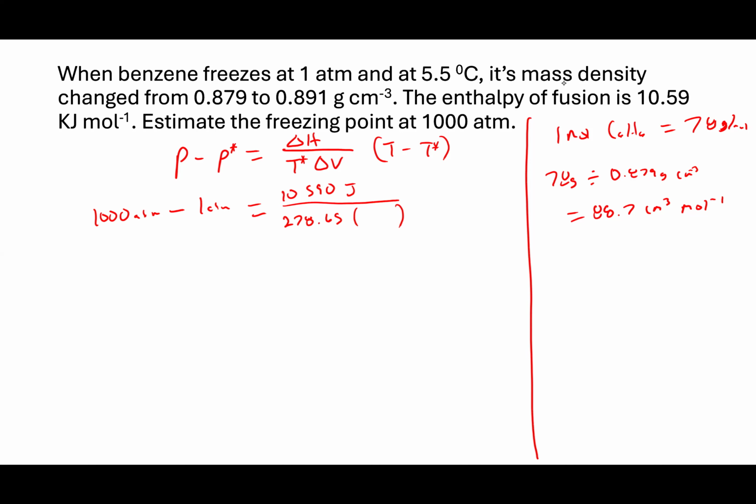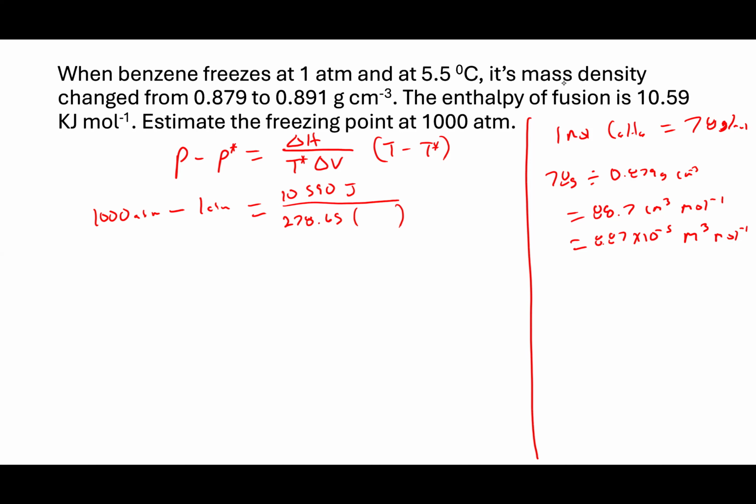All right, let's go ahead and change this into meters, just to make things nice and simple. All right, so this is going to be 8.87 times 10 to the negative fifth meters cubed per mole, right?